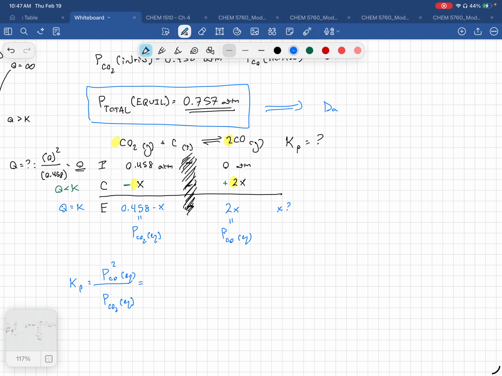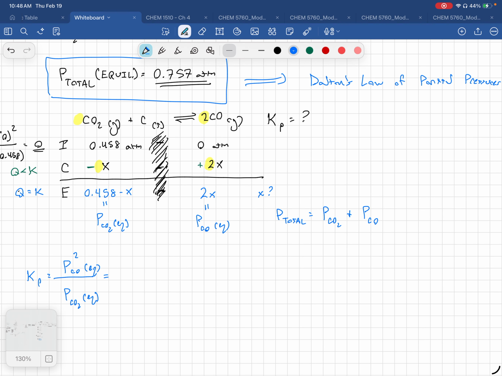Well, Dalton's law of partial pressures says that the total pressure for this system at equilibrium is going to be equal to the pressure of CO2 plus the pressure of CO. And we know that that is 0.757 atmospheres.